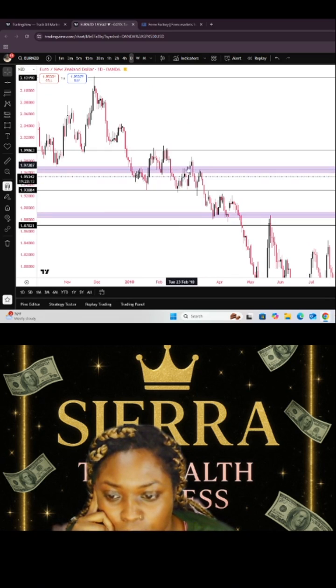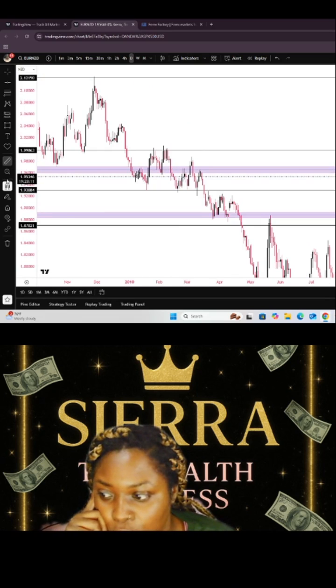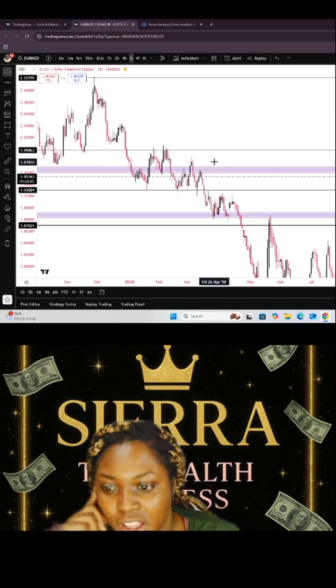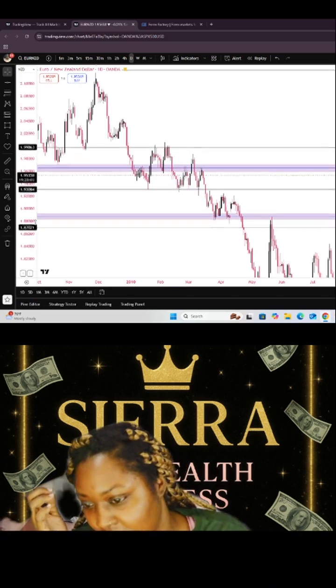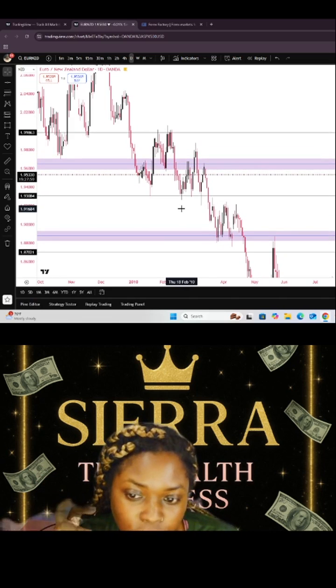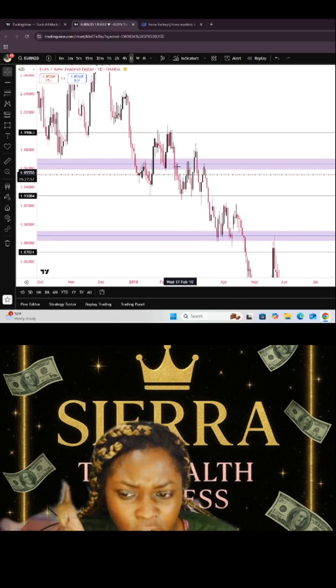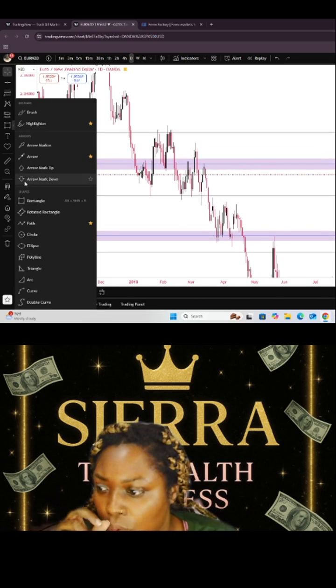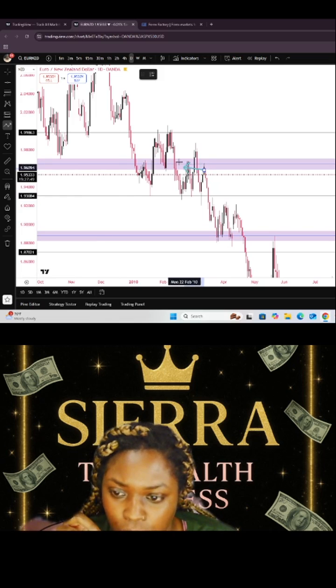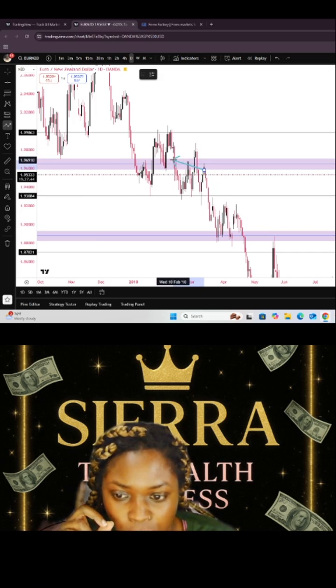Although they're only a few pips away from each other, right? Well, it's actually 100 pips away from each other because we're on the daily, okay? So when you're picking zones, when they're close to each other, it's better to pick the first one, right? Because you don't want to assume that price is going to automatically trade to this one and go and reject from this one or go and test this one, right?